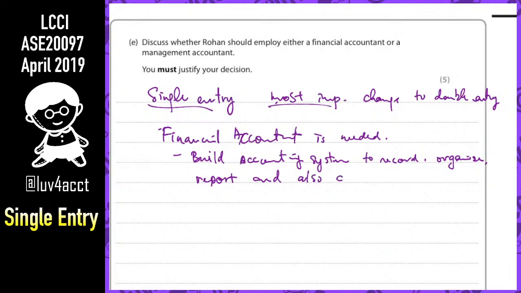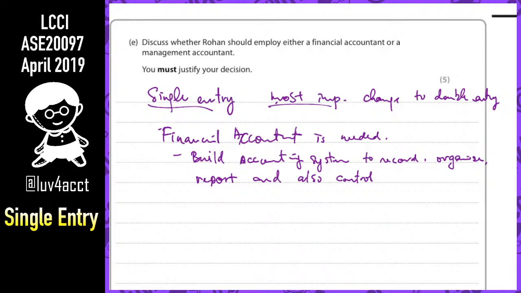Okay, control is very important. Control procedures in the accounting process are even more important than the accounting system itself, because if you have full records, a double entry accounting system, but then no good control procedure is planned or implemented, then that is of no use.